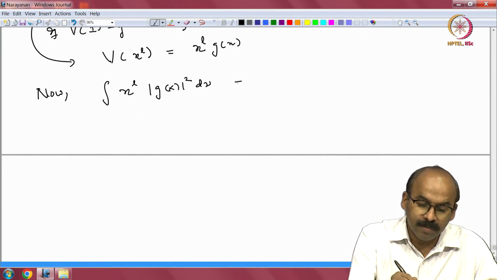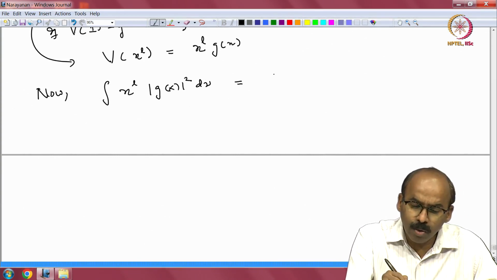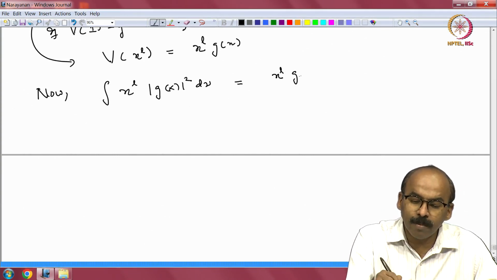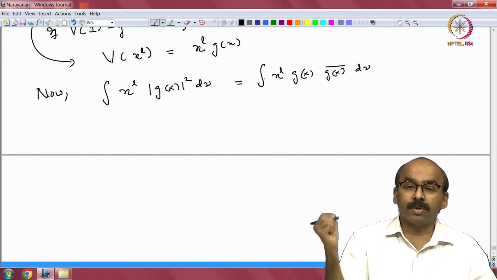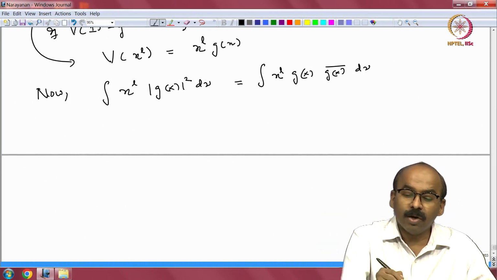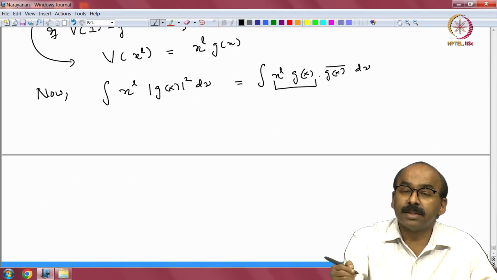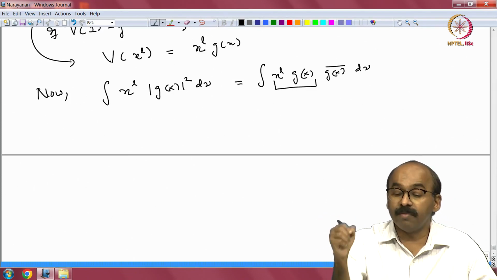Well, what is this? You look at x to the L, so let me write one more step: g of x bar d nu. Now this looks like an inner product, of x to the L g of x with g.